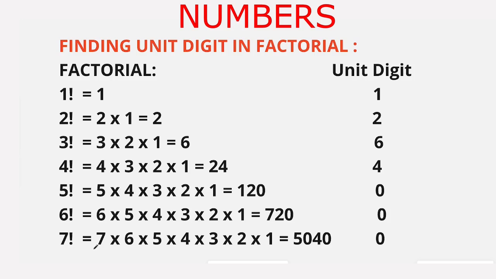Factorial 7 equal to 7 multiplied by 6 multiplied by 5 multiplied by 4 multiplied by 3 multiplied by 2 multiplied by 1 equal to 5040, and unit digit of factorial 7 is 0. I suggest that everyone should memorize the value of factorial up to factorial 7.